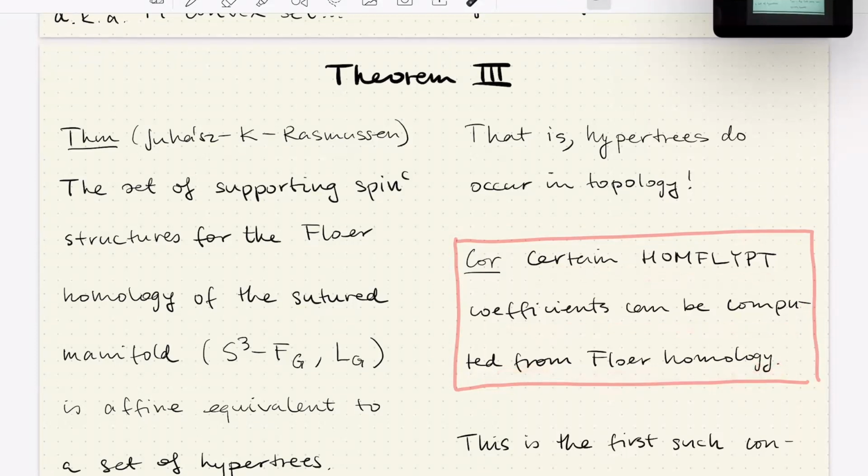You take the right Floer homology so that the set of spin-C structures ends up being the hypertrees that you want. And then you do that other business that I didn't explain about the activities and the distribution of the statistic. And you end up with H star, which is the top of the Alexander polynomial.